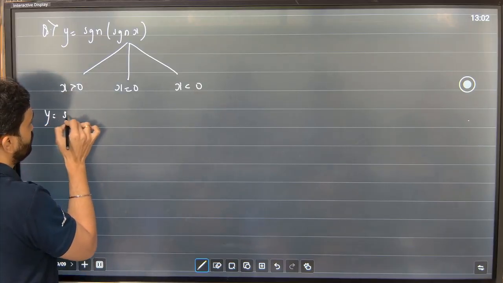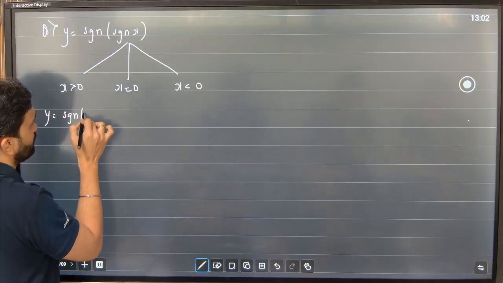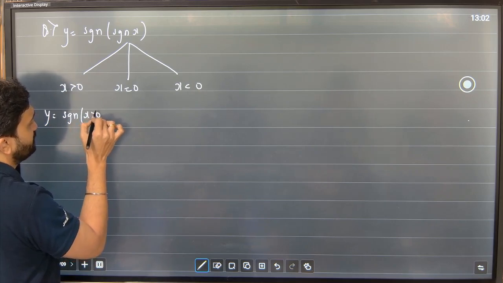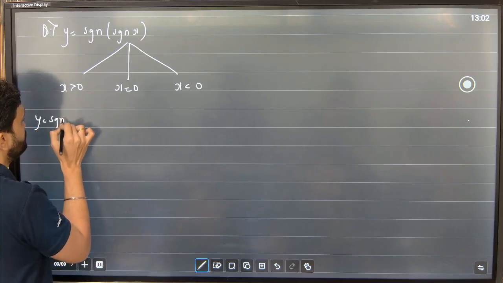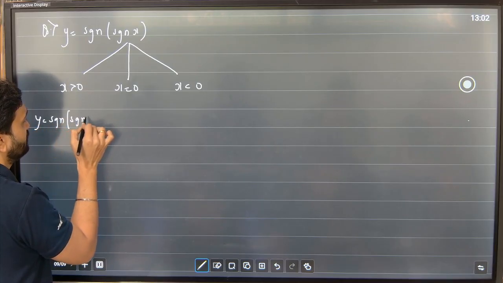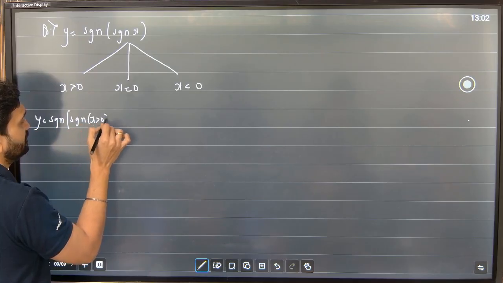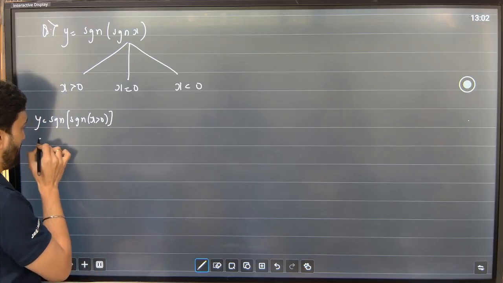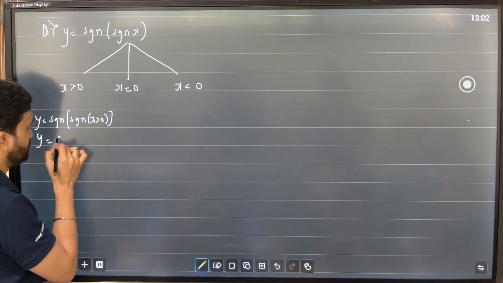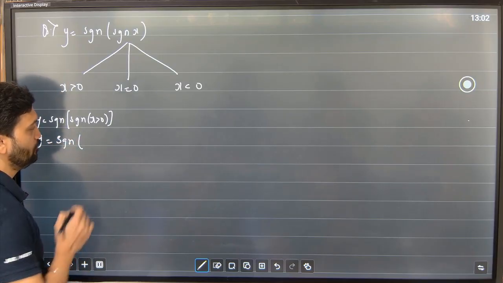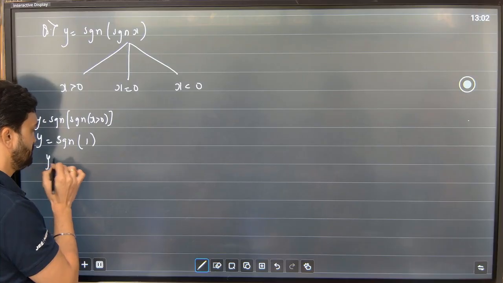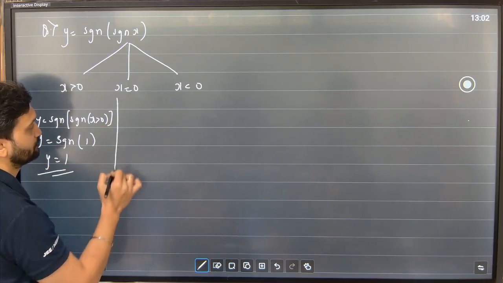So y is equal to SGN of SGN x for x greater than 0. This will become y is equal to SGN of, I know that signum of x greater than 0 will always be 1, and signum of 1 is going to be 1.